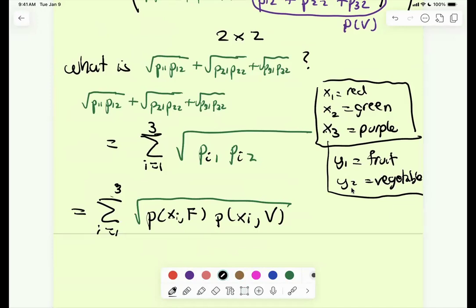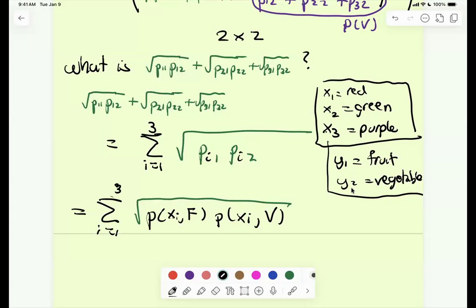Is this sum making sense? It refers to the entry in row i, column 1 of the matrix. Column 1 was the fruit column. Okay, good.